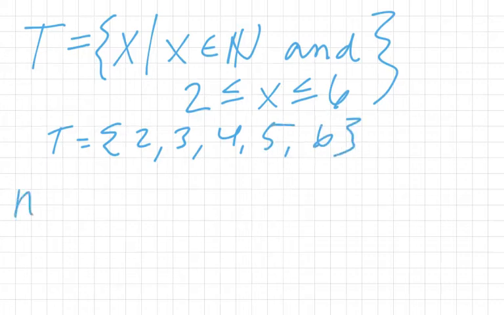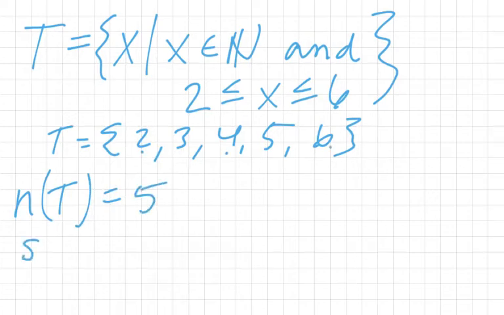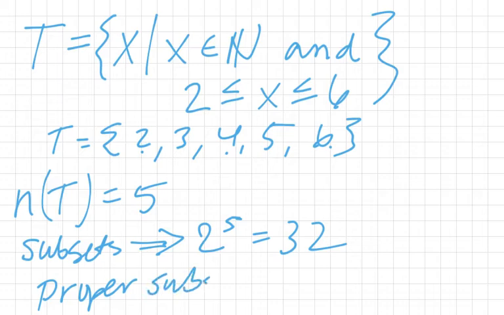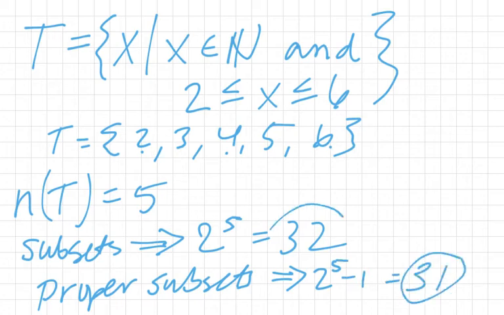So the cardinal number for this set is 5. So the number of subsets is going to be 2 to the 5th, which is 32. And the number of proper subsets is going to be 2 to the 5th minus 1, which is 32 minus 1, or 31.